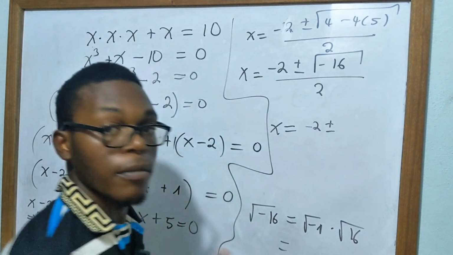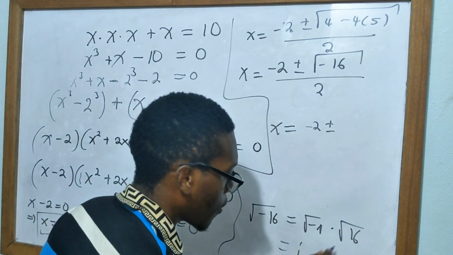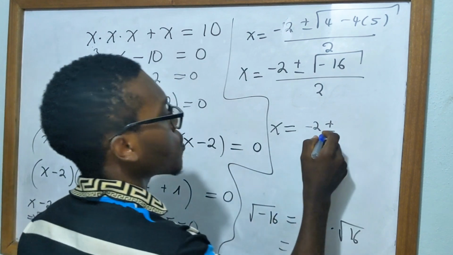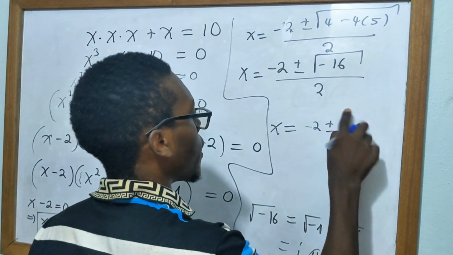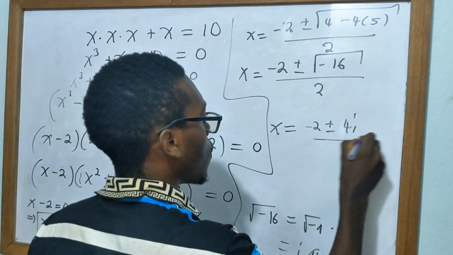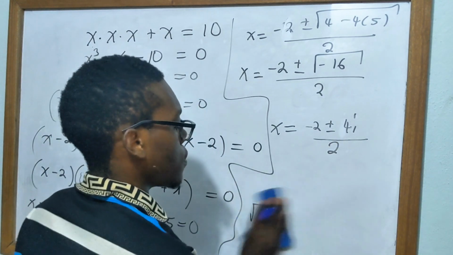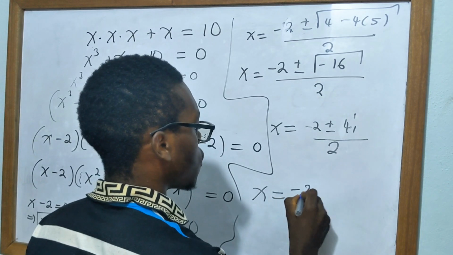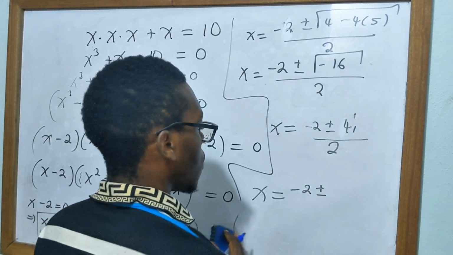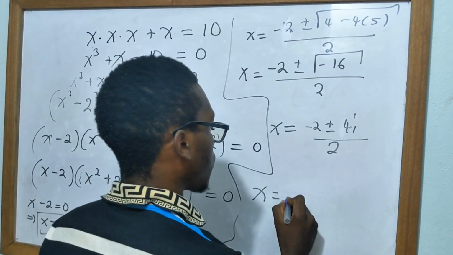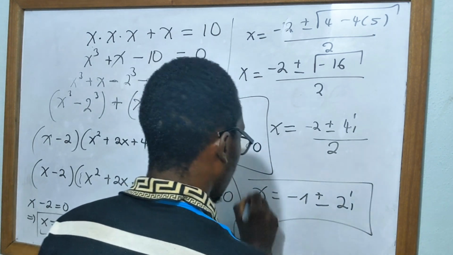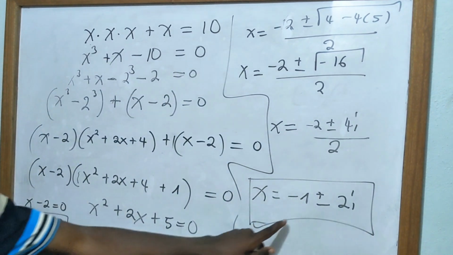The root of negative 1 in complex numbers is i, and the root of 16 is 4. So we have plus or minus 4i all over 2. Hence, our x is equal to minus 1 plus or minus 2i. Those are the other values of x.